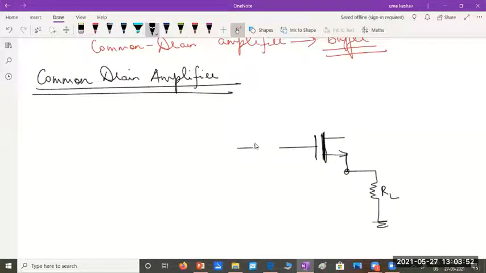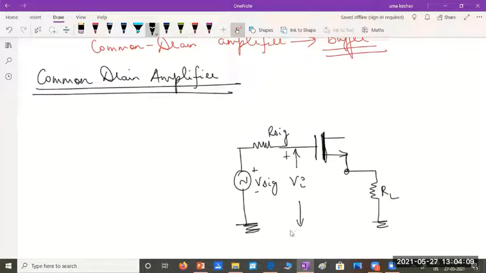And here you have the input signal and its resistance. And this is where we will see the input voltage VI. And then remember here the drain terminal should be the grounded terminal. So I should ground the drain, common drain amplifier it is. So the drain should have AC ground.